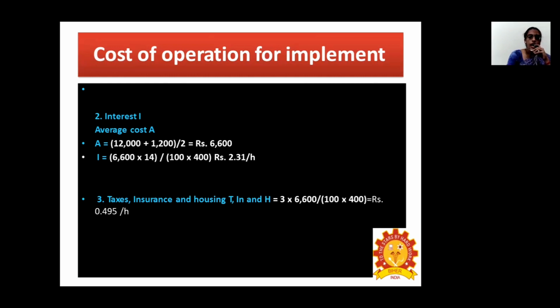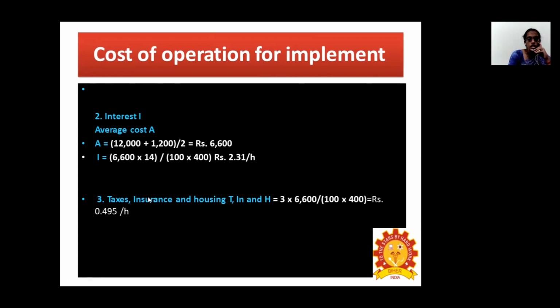Then you have to calculate the interest on investment. You multiply it with the 60,000 and the 14%, which is the rate of investment, and then divide it by 400, which comes to rupees 2.31 per hour.